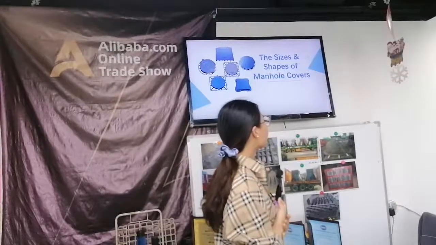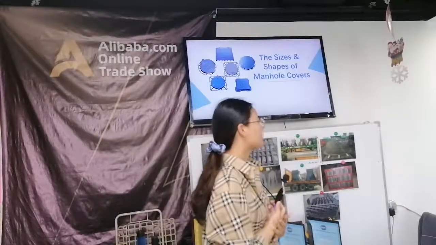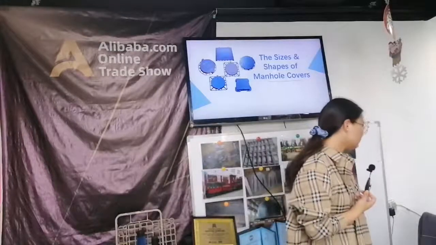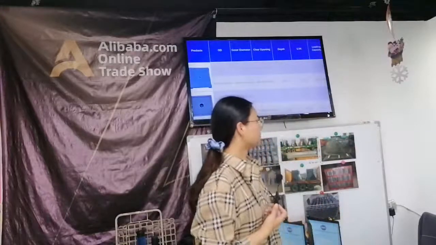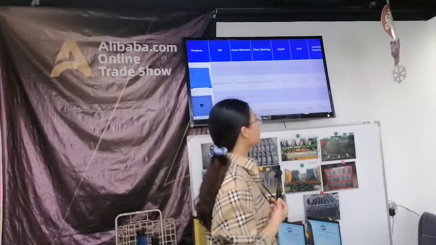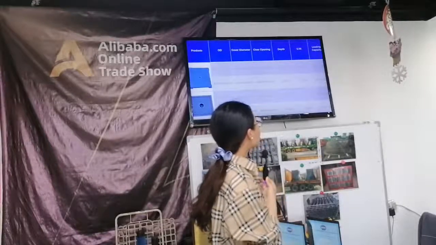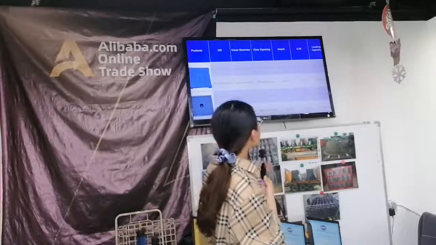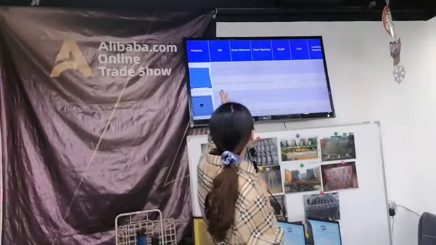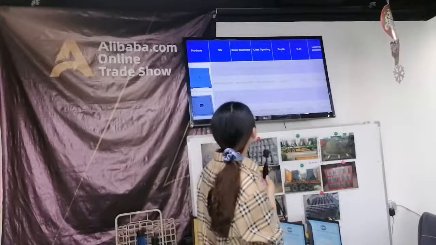Next, I will recommend some sizes of metal covers to you. If you need the bearing capacity of about 1.5 tons, I recommend this for you. The first one, you can see the size.